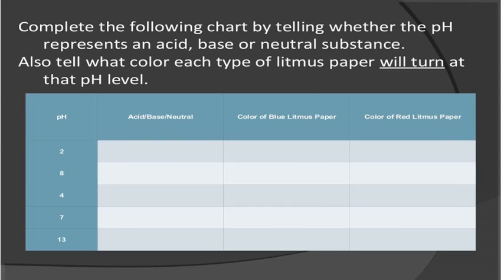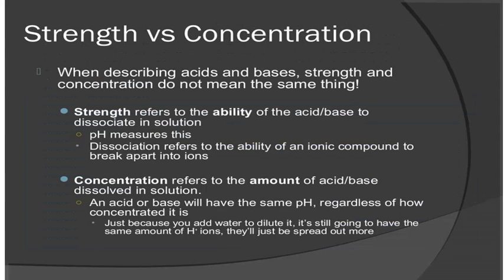And the last one is about strength versus concentration. As I already told you, concentration is how much solute you are dissolving in the given solvent. Whereas strength is whether it is strong or weak.